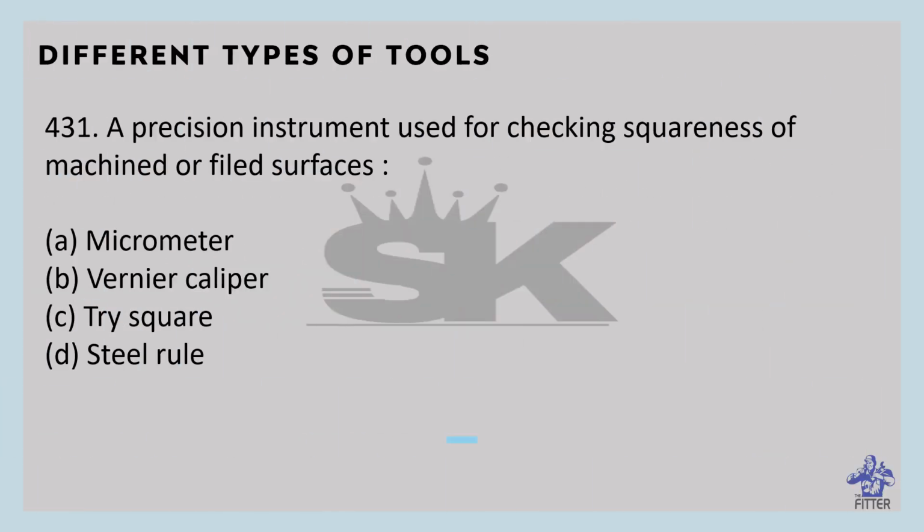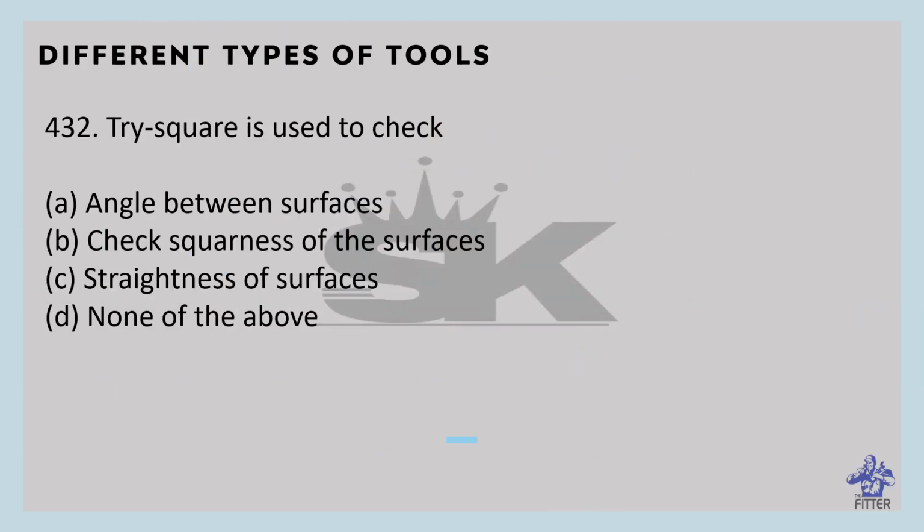A precision instrument used for checking squareness of machined or filed surfaces, that is the try-square. The try-square is used to check squareness of the surfaces.